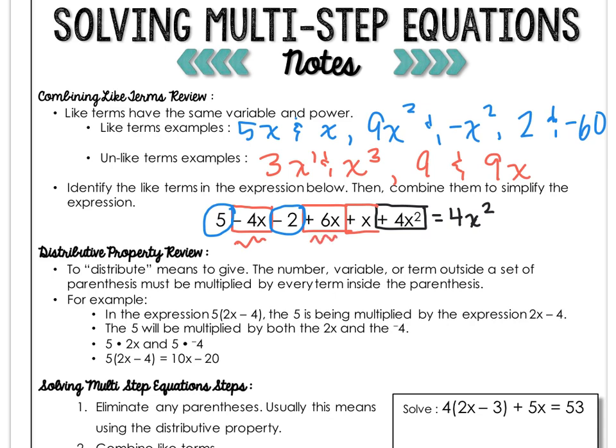That would give me 2x, plus 1x would give me positive 3x. So watch your signs on those, and remember that the coefficient is a 1 if there's nothing written there. It's an implied 1. And then last, I've got my 5 and negative 2, or 5 minus 2 is positive 3. So that's a skill that you may have to apply when you are doing multi-step equations.